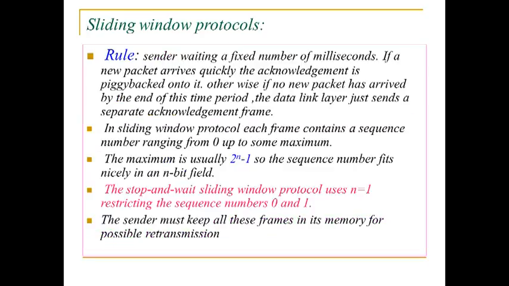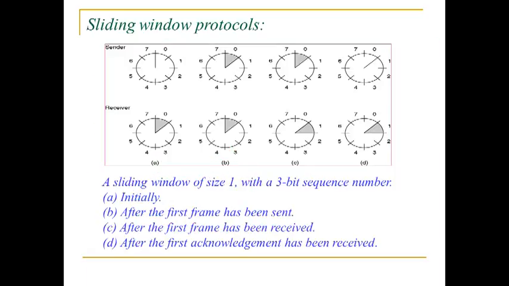So its rule is that the sender waits for a fixed number of milliseconds, and if a new packet arrives, the acknowledgement is piggybacked. Otherwise, by the end of the time period, the DLL just sends a separate acknowledgement frame. It waits for a certain amount of time and then sends the acknowledgement, and the sliding window protocol follows this thing.